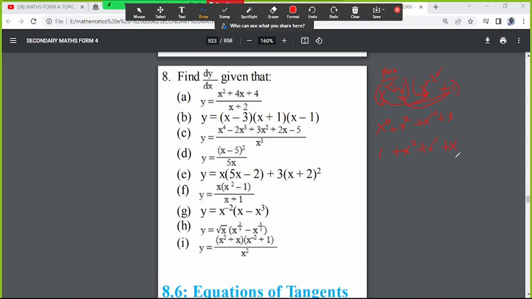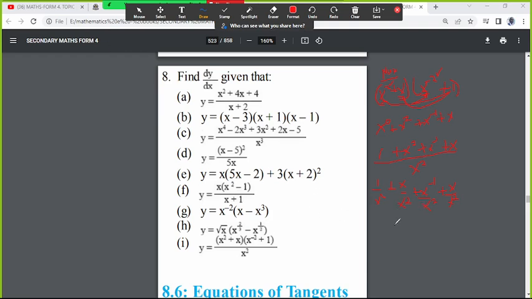numerator. Then separate the terms, because everything is under the common denominator, x squared. Separate the terms, 1 over x squared plus x over x squared plus x power negative 1 over x squared plus x over x squared.